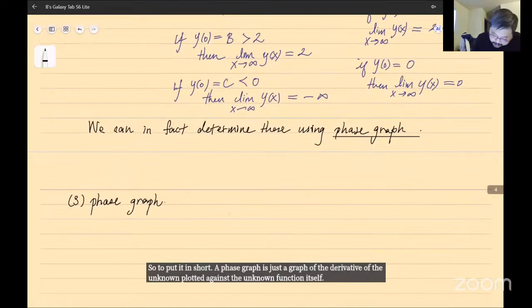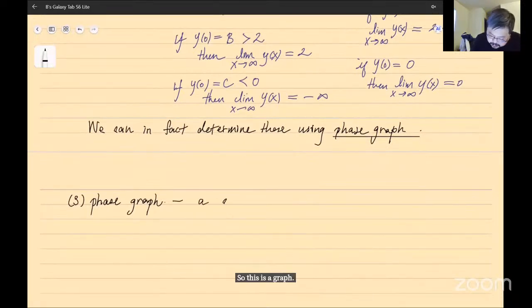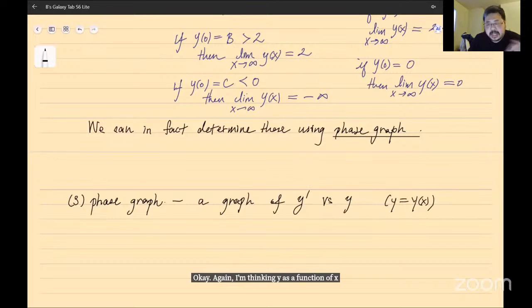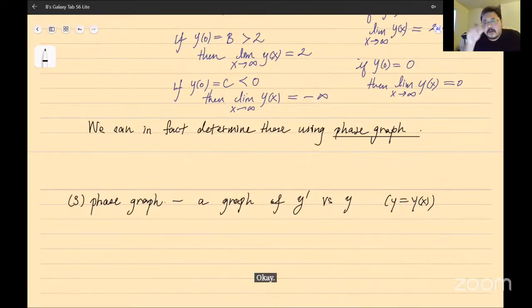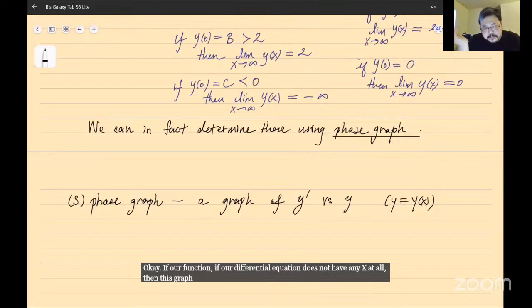So this is a graph of y prime versus y, okay? Again, I'm thinking of y as a function of x, but we don't care about x here. x is not being plotted here. We want to plot y prime versus y. Now, if our differential equation does not have any x at all, then this graph is very easy to plot.